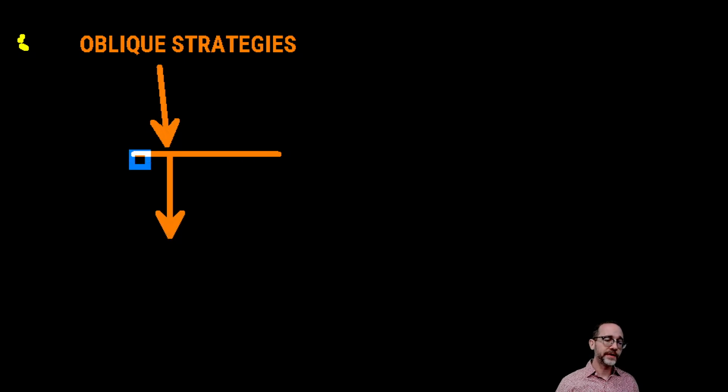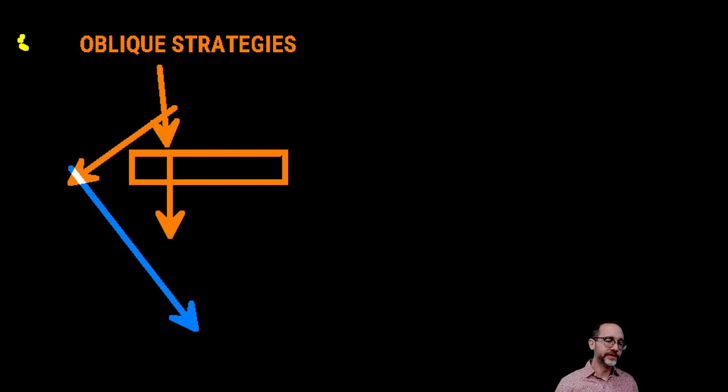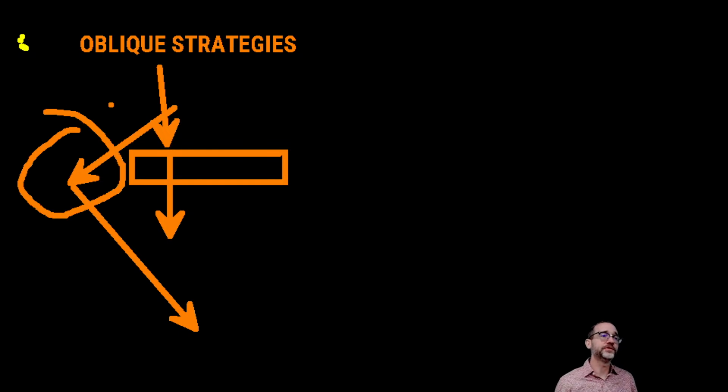The only problem is sometimes the wall is impenetrable, and you can't make it to the other side by solving this problem. And so you need to move obliquely to go around said wall, right?